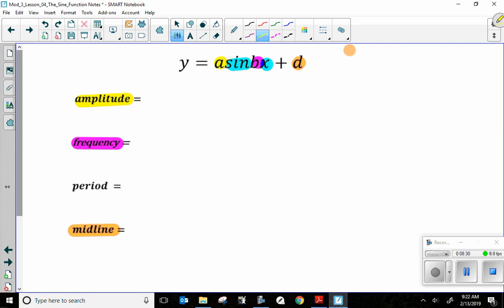Yellow for yellow here. Amplitude, that's how high and low, you can consider them the mins and maxes. The sine curve goes from your midline. You're like, from your midline? What's that?